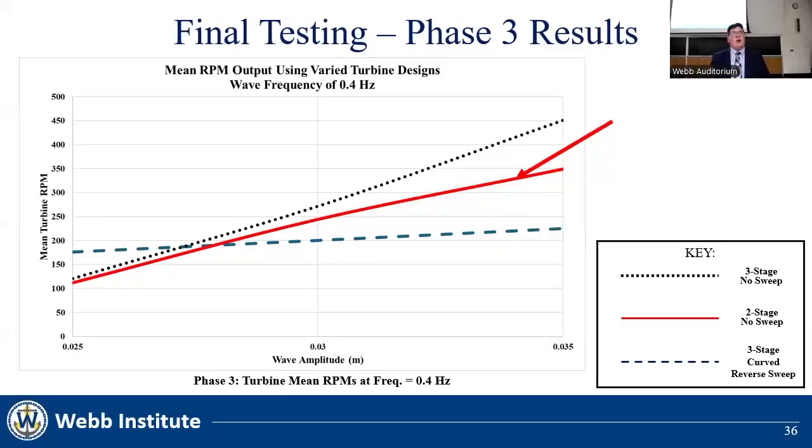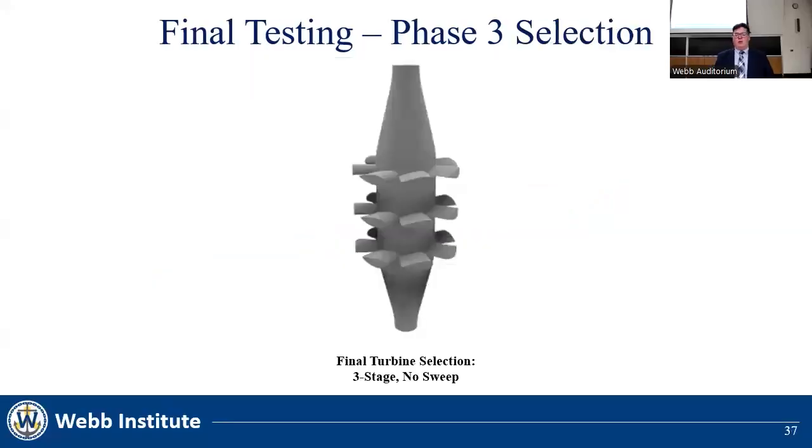The solid red line corresponds to the two-stage no-sweep turbine, and the dashed blue line corresponds to the three-stage curved reverse sweep turbine. Interestingly, although the three-stage turbine with no sweep had the peak power output, it was the three-stage turbine with sweep that had the most consistent power output. This was shown at different wave amplitudes, meaning that it had an increased performance envelope at the expense of peak power performance, which aligns well with the theory.